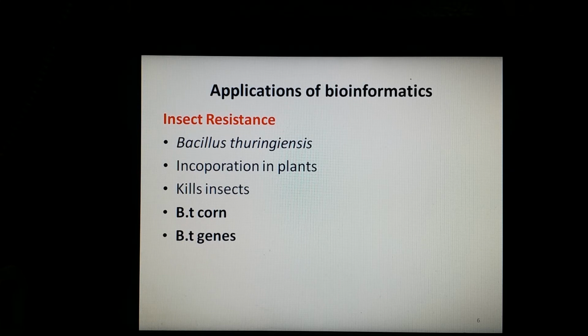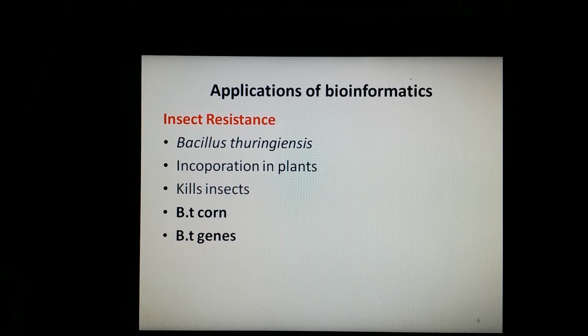Okay. Then you have BT corn, one of the food plants that have been modified by inserting bacterial genes in it, and it is effective against insects by developing resistance against them. The use of BT genes has also grown, and BT genes in the plant genome have made agriculturists use insecticides very little.